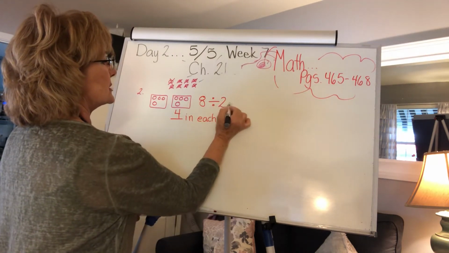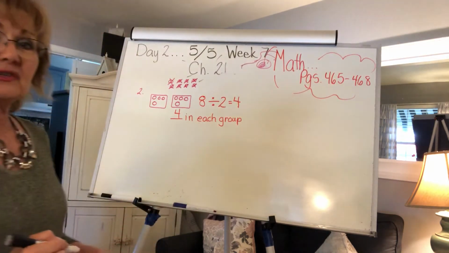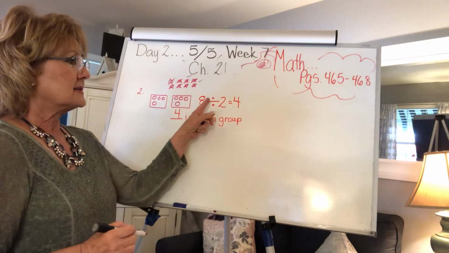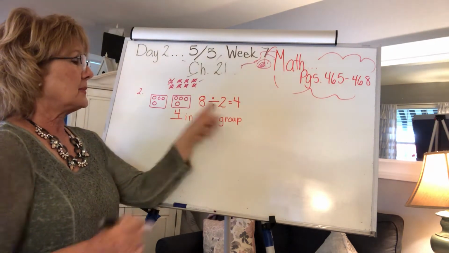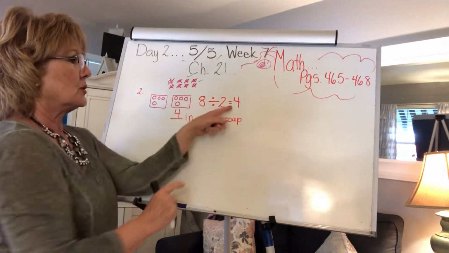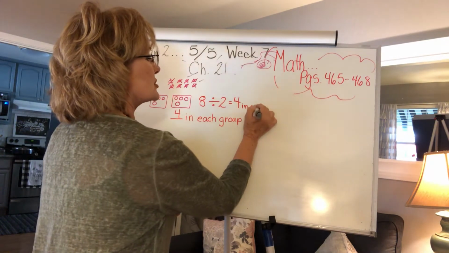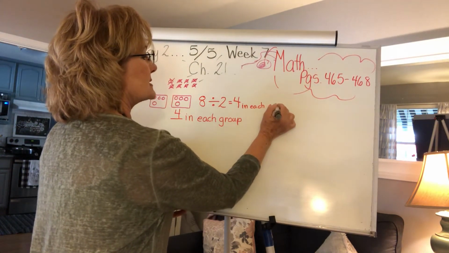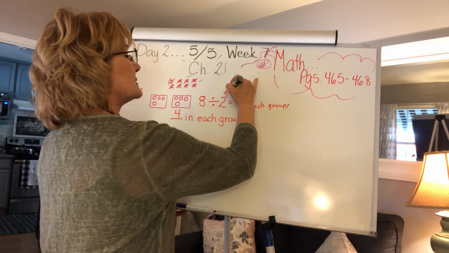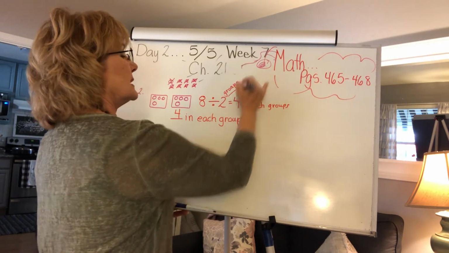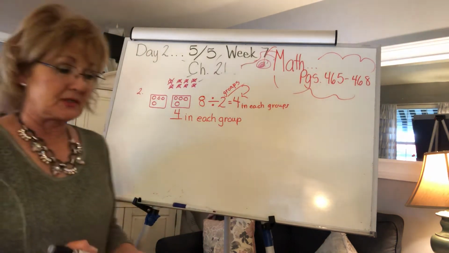And then do a 2, and then do equal, and then do 4. That is a division sentence. It says 8 divided by 2 equals 4. It means 8 divided up into 2 groups will give you 4 in each group. That's basically what it means. So that's what we just did.